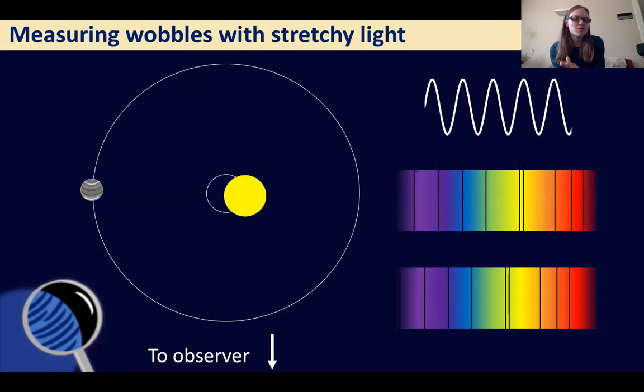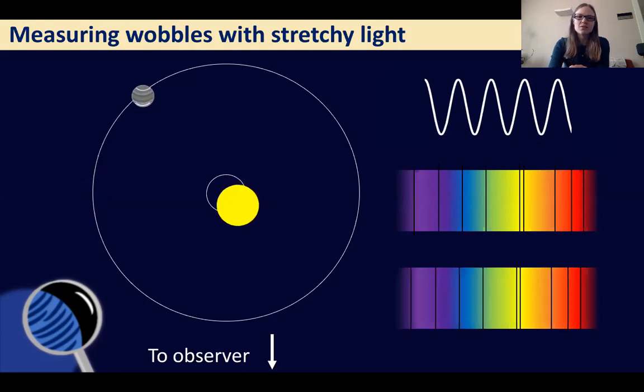On the other hand, if the object emitting light is moving away from you, then the light is going to get stretched out, and that makes it look a little bit redder. Because there are chemicals in the outer parts of the star that absorb particular colours of light, and we know what those are very, very precisely, then we can detect even very, very small changes in the colour of the light coming from the star.